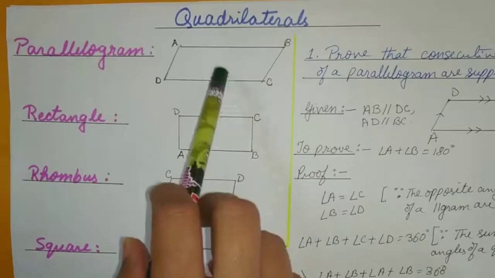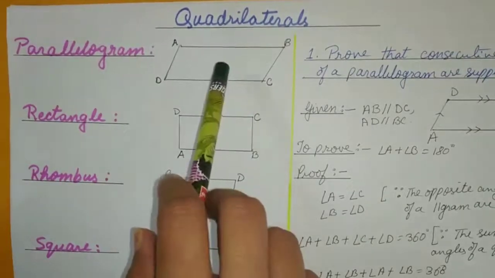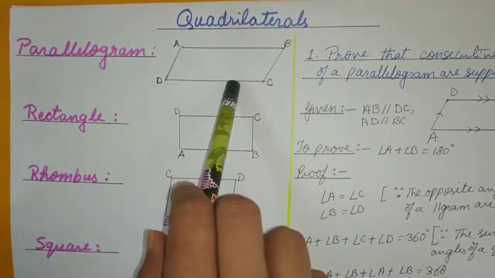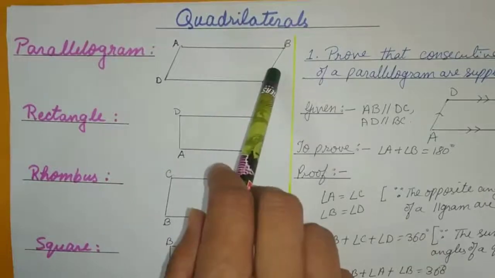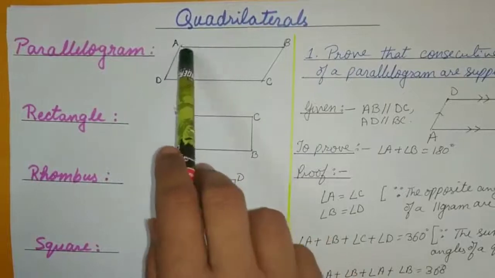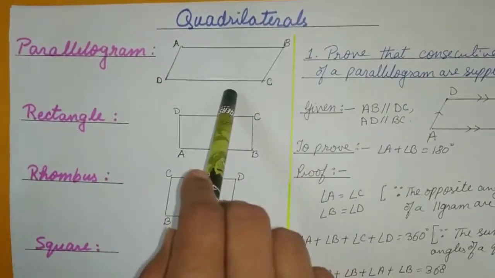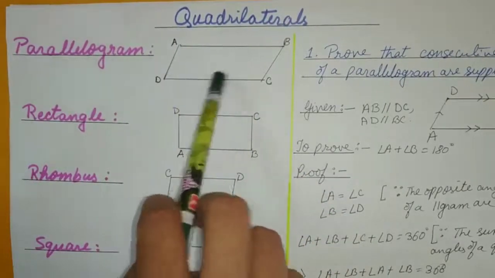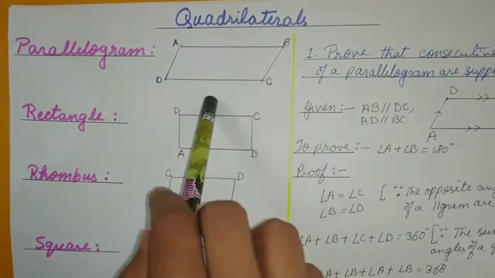So when you say a parallelogram, you should know that the opposite sides are equal, like AD and BC in this particular case, and AB and DC are equal.